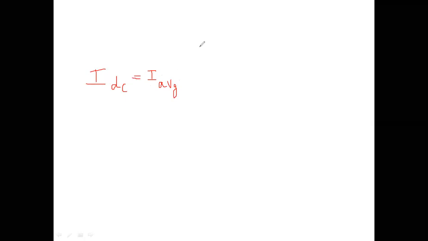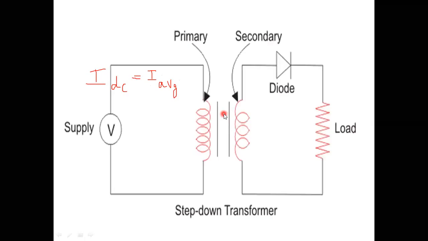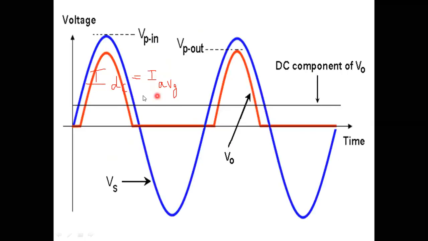Let us suppose this is the output. The red color waveform is the output waveform. We are getting instantaneous voltages at t equal to this point, the voltage is at this level. When t equal to this point, the corresponding output is maximum.